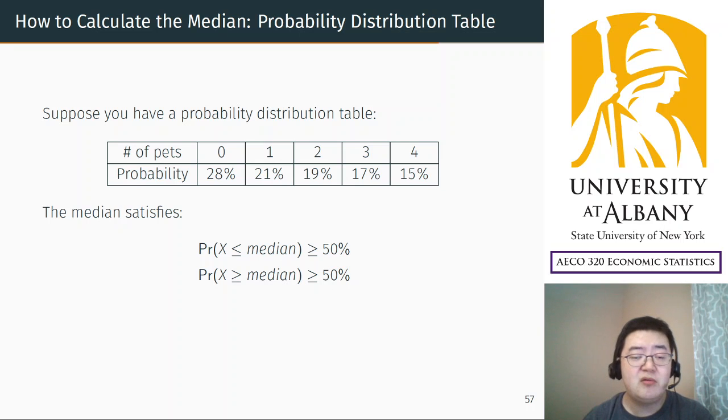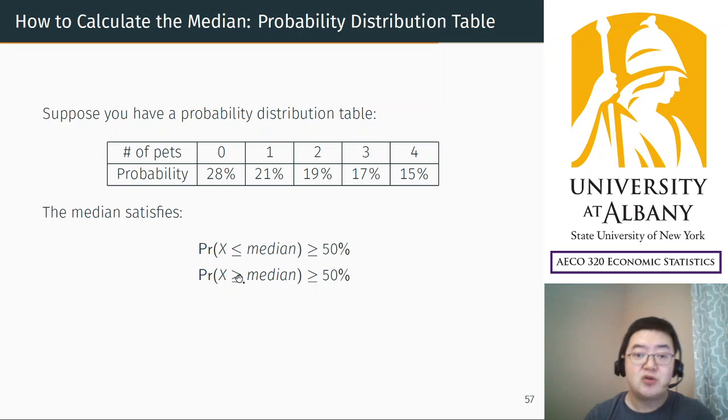You may think it's impossible, because how can the sum of two probabilities be greater than 100%? If one is greater than 50%, then automatically the other side should be smaller than 50%. But that's not the case because of the overlap from the equality sign. So x equals the median point is included in both probabilities.